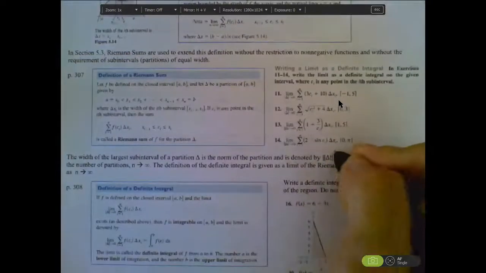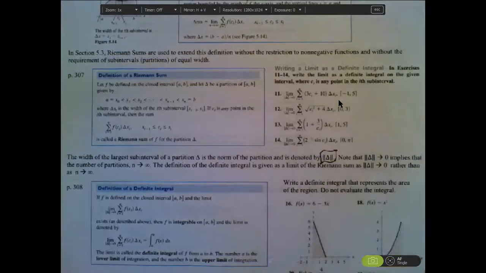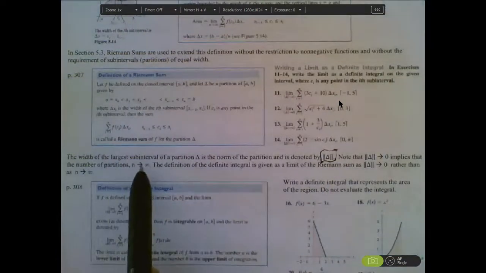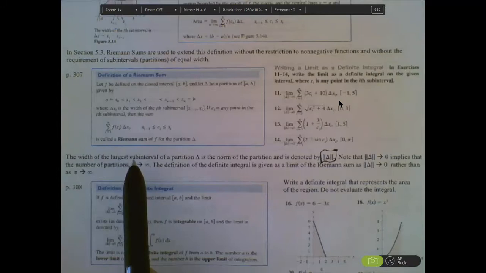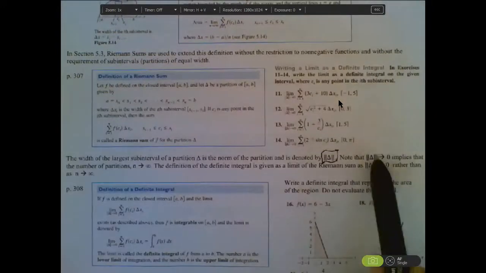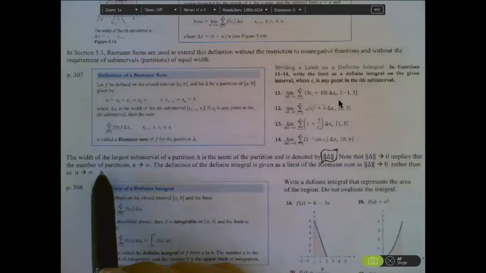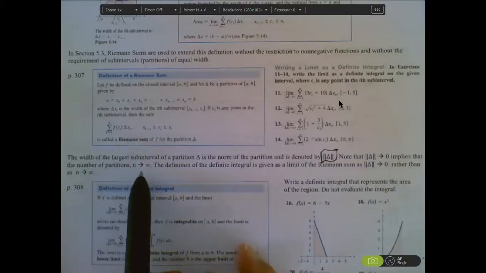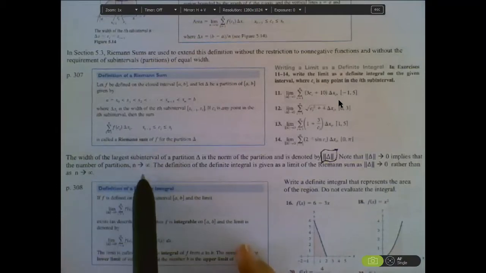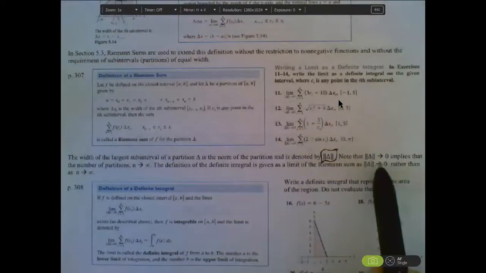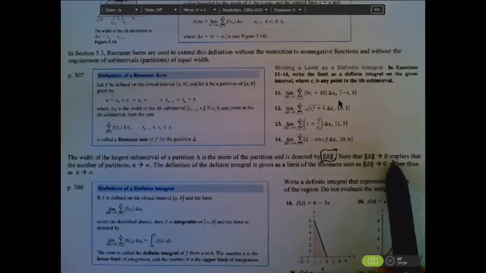When you see that symbol, that's just the width of the largest rectangle. And that width going to 0 means the same thing as the number of rectangles going to infinity. As the number of rectangles goes to infinity, the width of each rectangle is going to be going to 0.